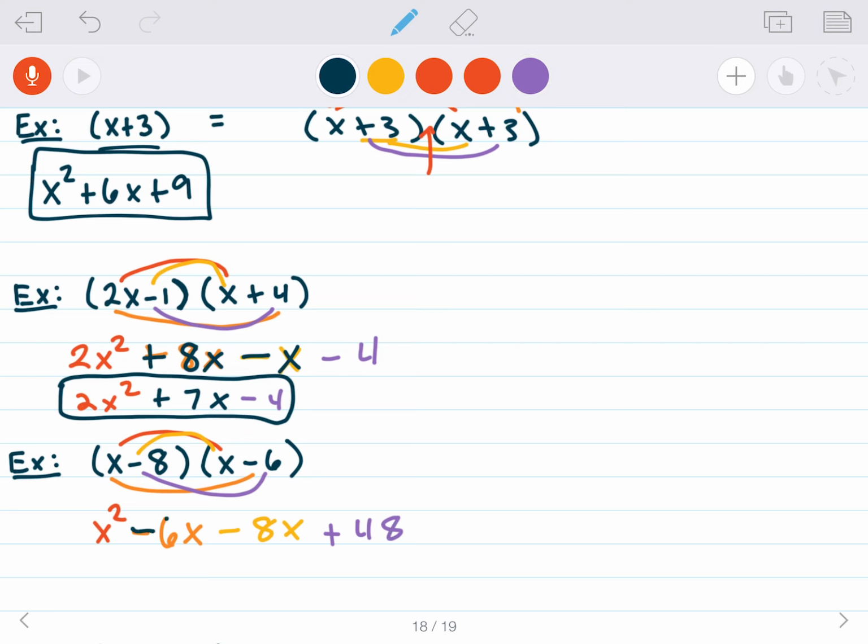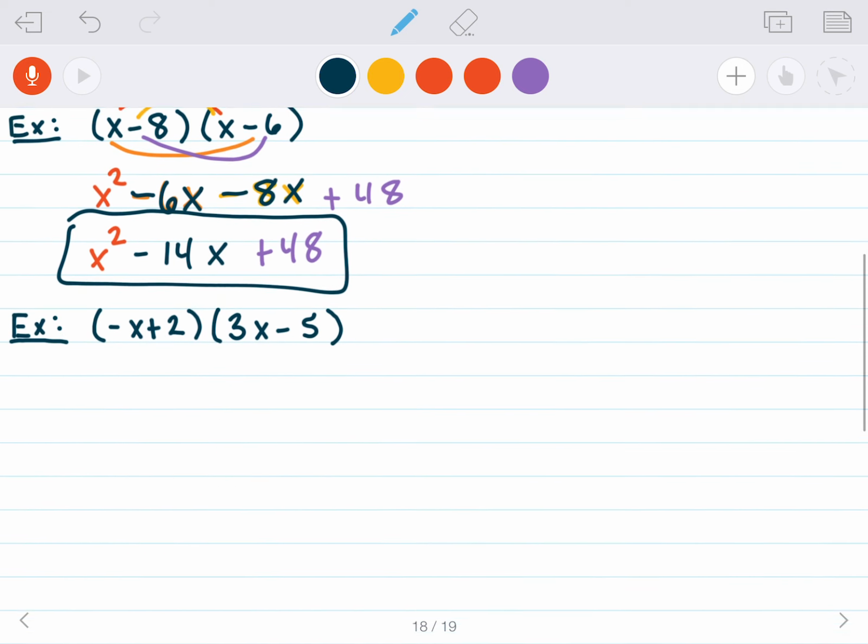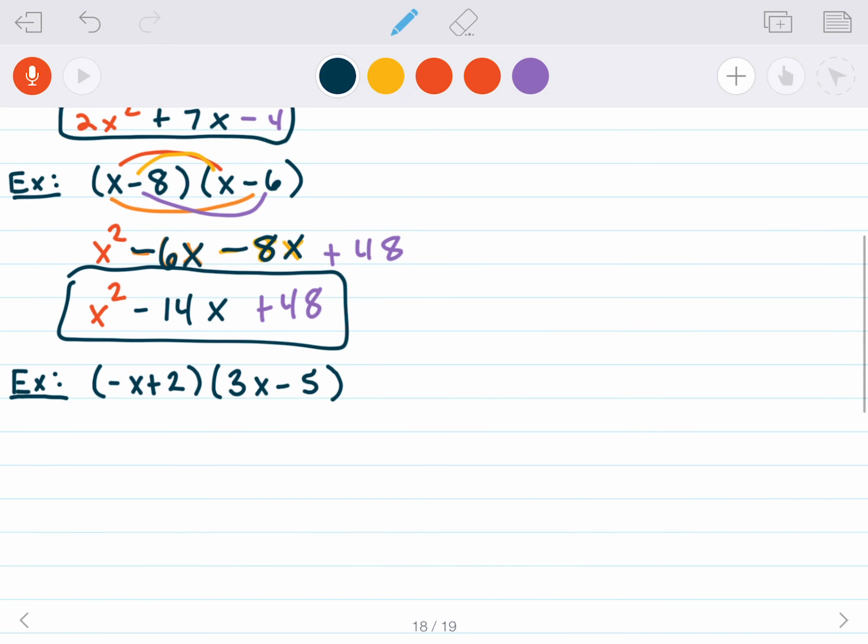Like terms in black. So in black, negative 6 minus 8 is negative 14x plus 48. And we're done. We cannot simplify this anymore. We have 3 terms, all unlike. Okay, let's do one more, and then we'll be done.